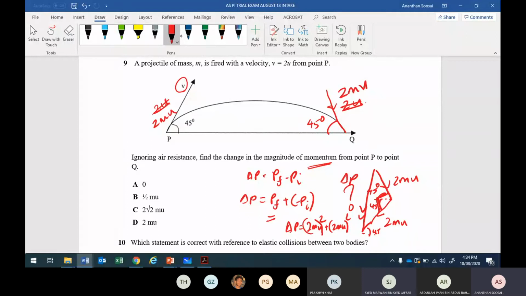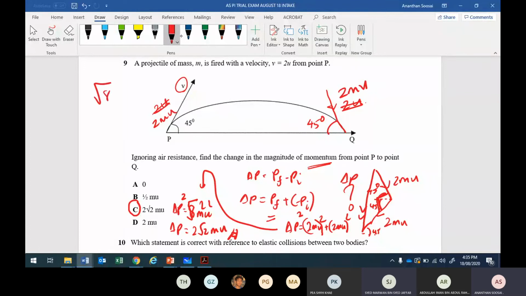So you get 8 m squared u squared, and this is also square. So changes of momentum is root of 8, which is how much? This is tricky. Root of 8 is actually 2 root 2 mu. Answer is C.